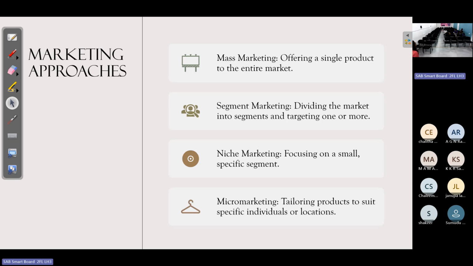Another example, vegan products to health focus consumers.